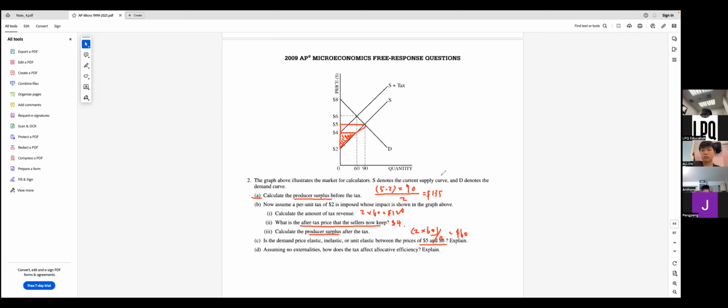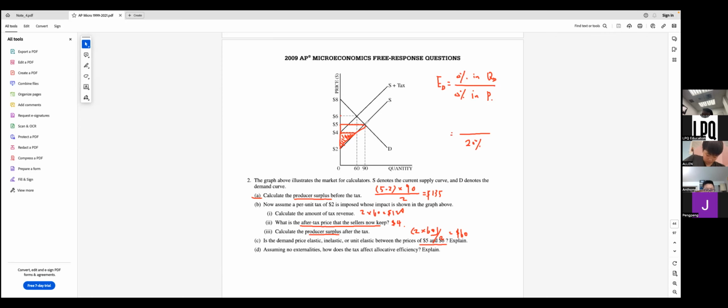Is the demand elastic, inelastic, or unit elastic between 5 and 6? This one you need to do some calculations using the ED formula. We learned this formula from notes number 3. ED equals the percentage change in quantity demanded over the percentage change in price. Assume the price increases from 5 to 6, so the price has increased by 20%.